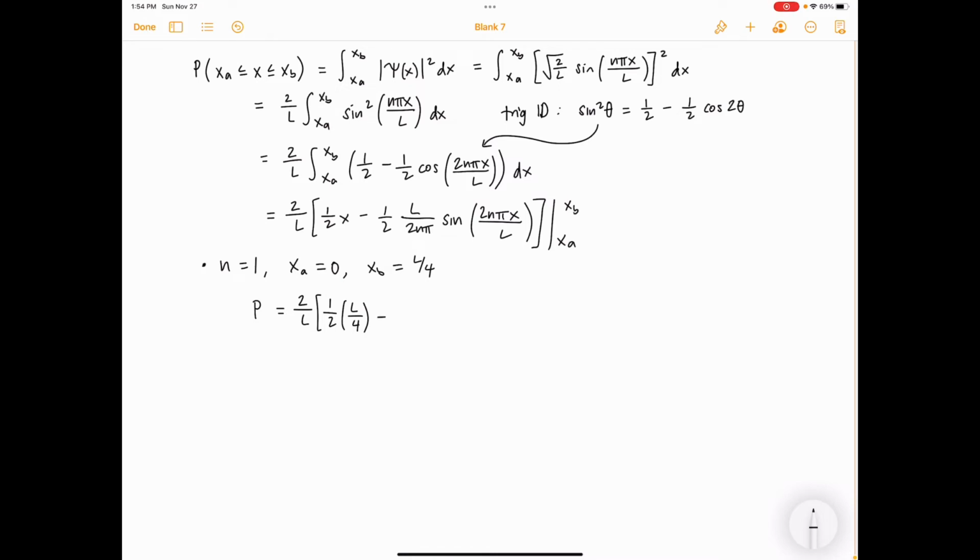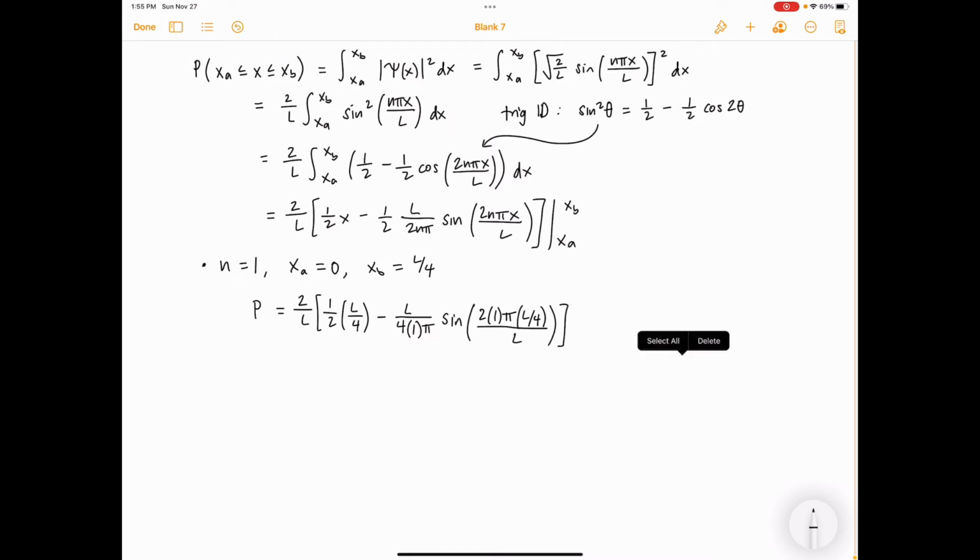And then the next term is minus L over 4n pi, but n is just equal to 1, so I'll say 4 times 1 times pi. And then we have the sine of 2 times n, which is 1, times pi, and then x is going to be L over 4, and then we're going to divide that by L.